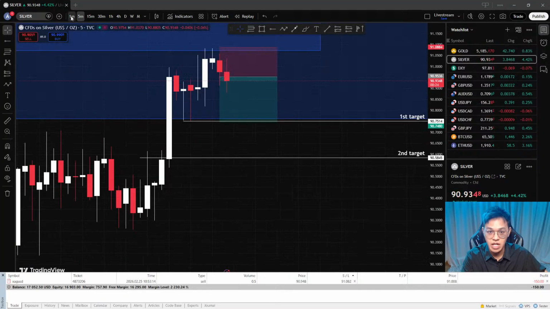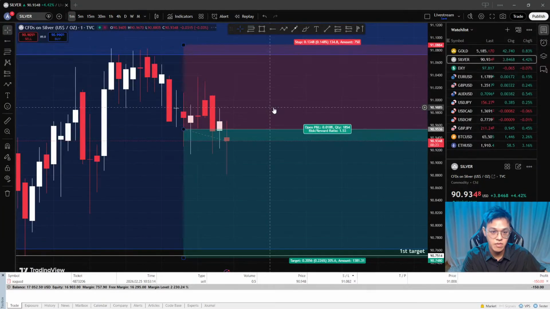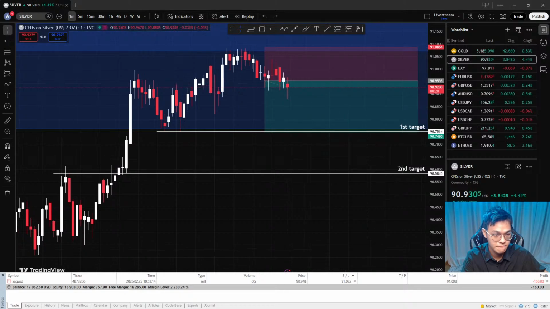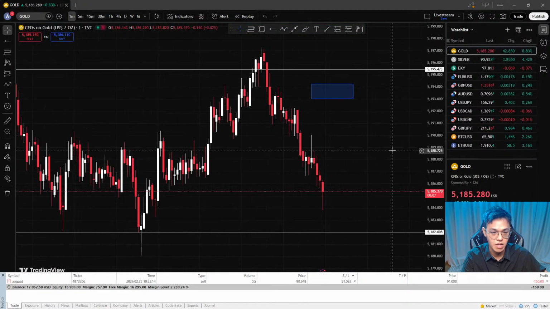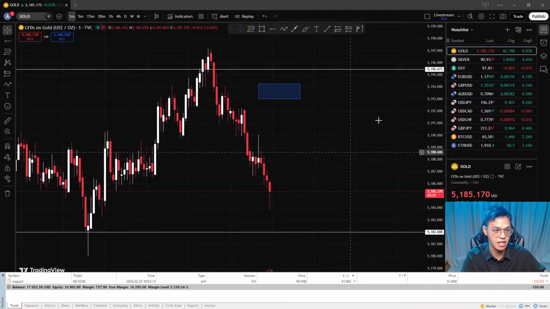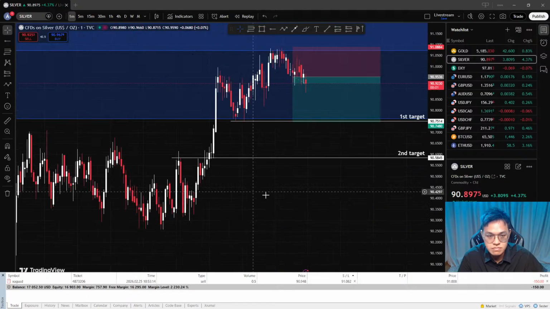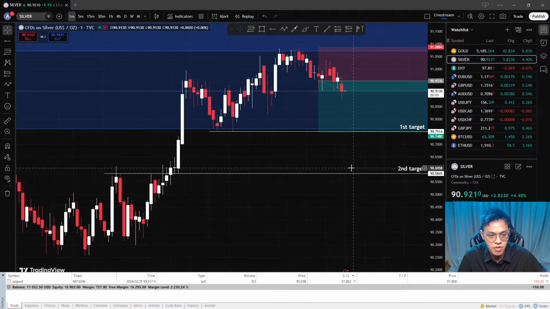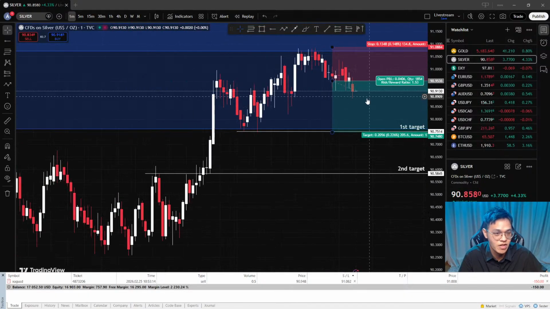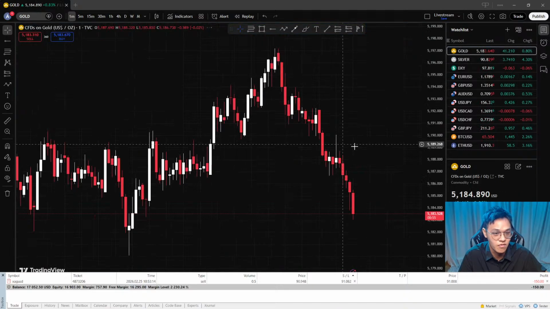All right, so seems like the silver price is also dropping. But the selling momentum in gold is bigger than silver. Hmm, it's quite boring because the price movement is very slow.